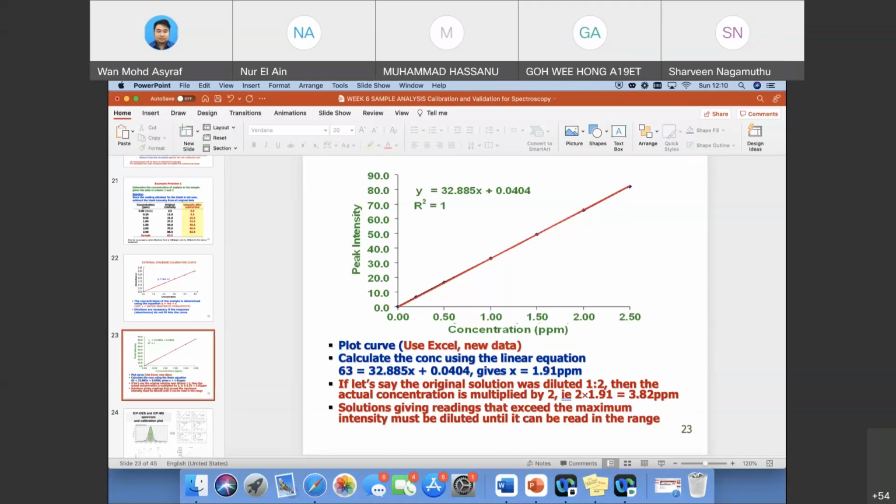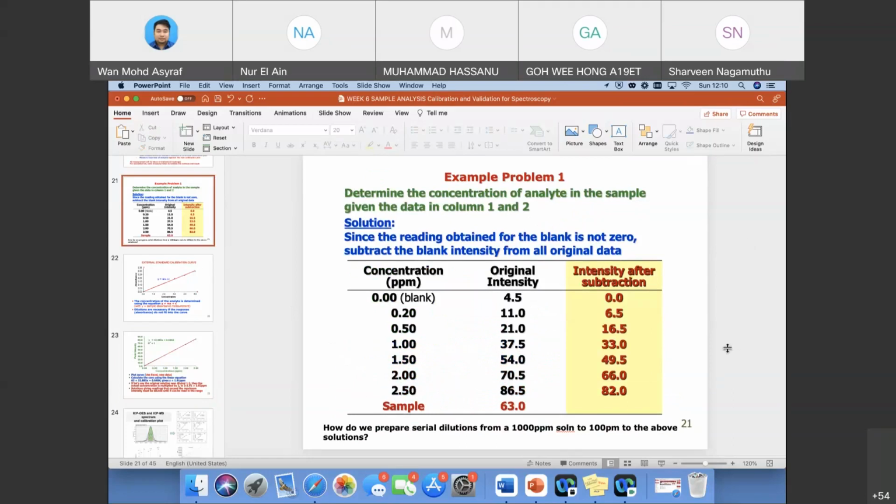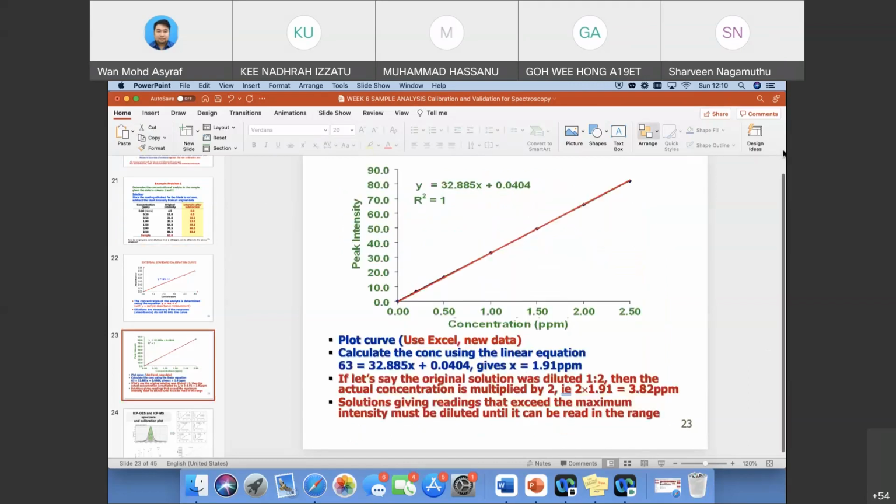Is it? Okay. So now, when you look into this calibration curve, the one that you have made, the intensity is from 0 until 82. So your calibration curve is linear from 0 to 82, which gives this equation and this R square.